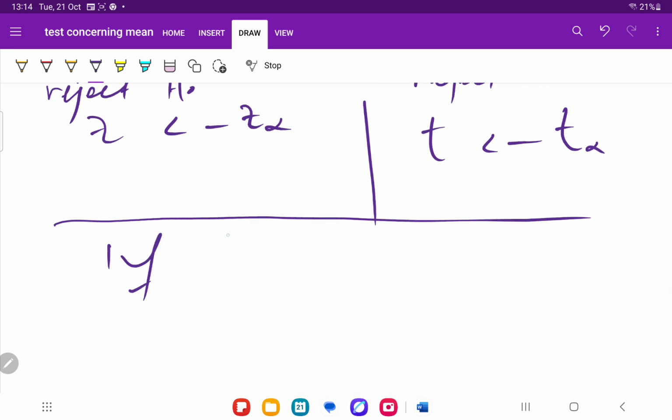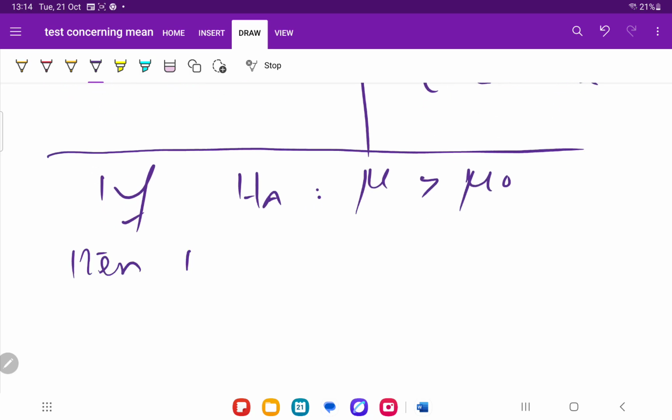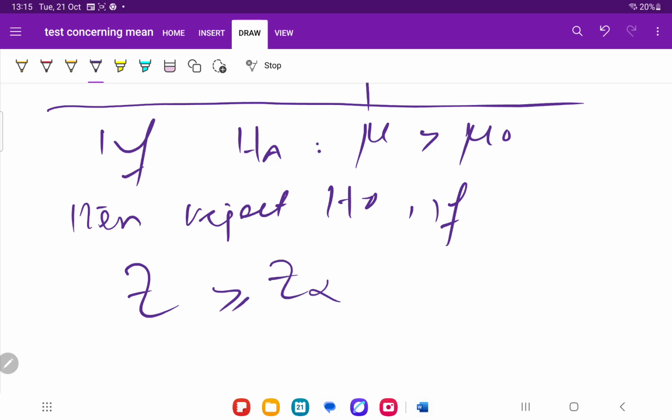And if HA is mu greater than mu naught, then reject H naught if Z is greater than or equal to Z alpha, or for T, if T is greater than T alpha.